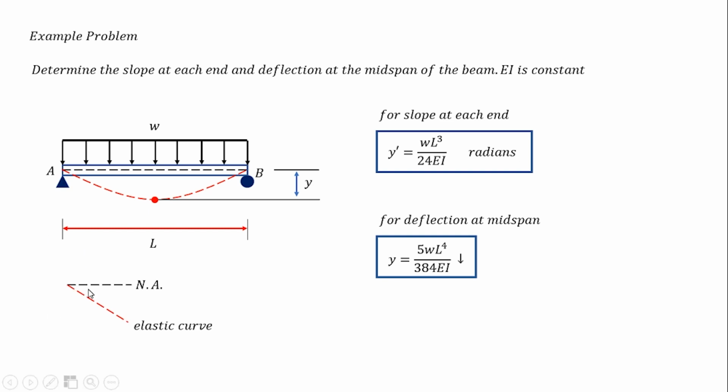At the support, we find this point at the support on the neutral axis and the elastic curve. If we draw a tangent line at the elastic curve, let's say this red line, the angle between this tangent line and the initial neutral axis is what we call the slope at the support, or at the end support. So what we get is wL cubed over 24EI, whose value should be in radians. If you want to compute in degrees, just convert.